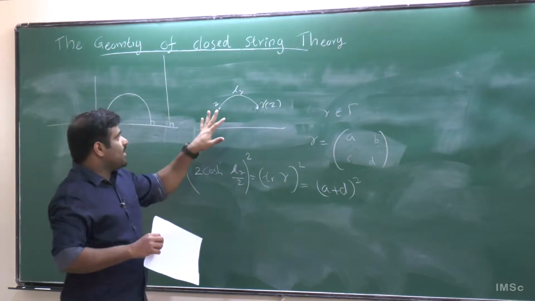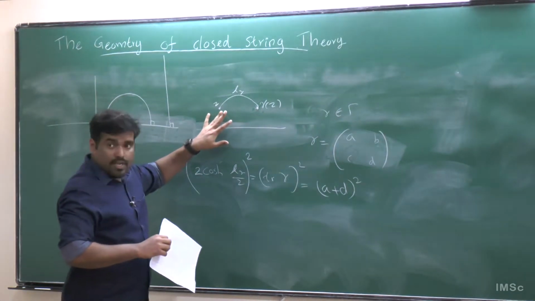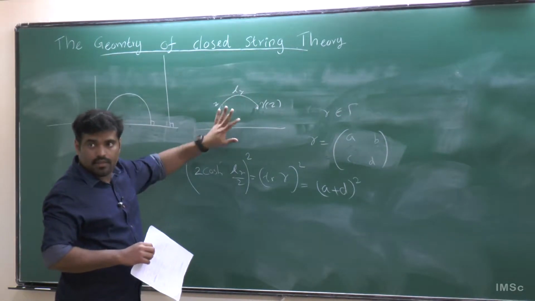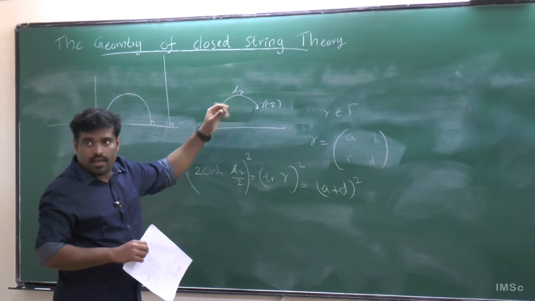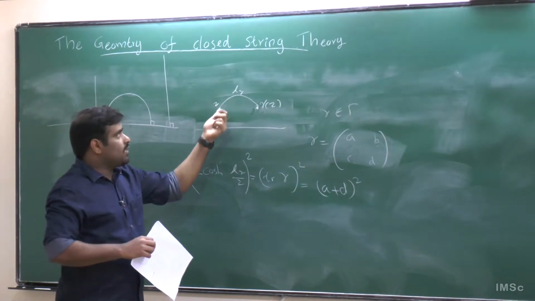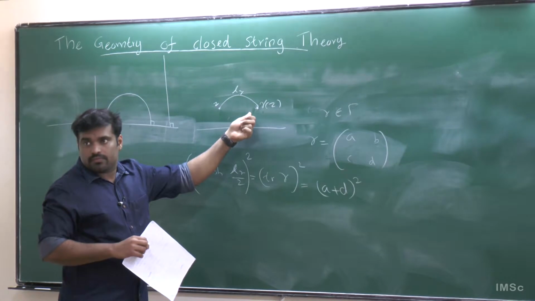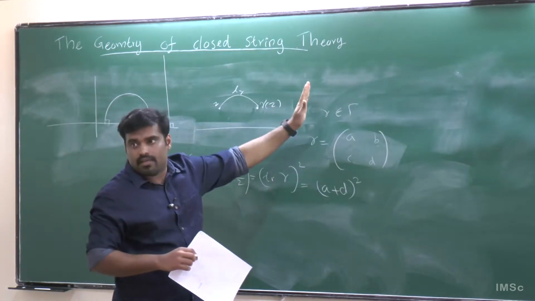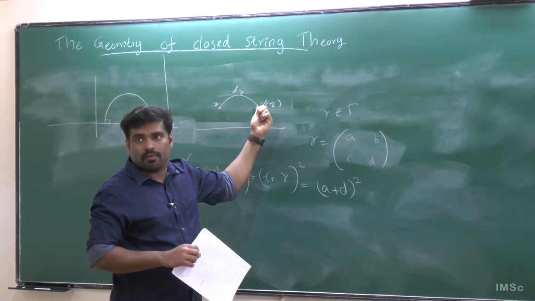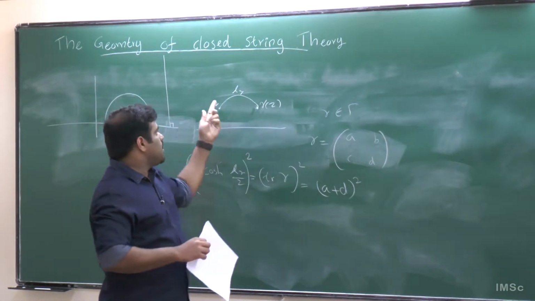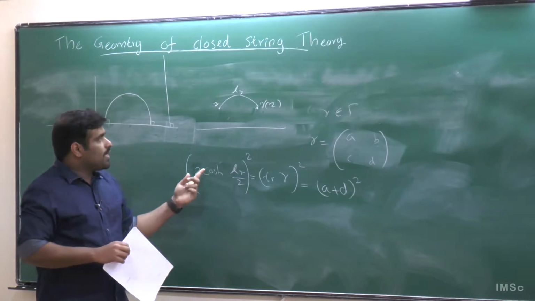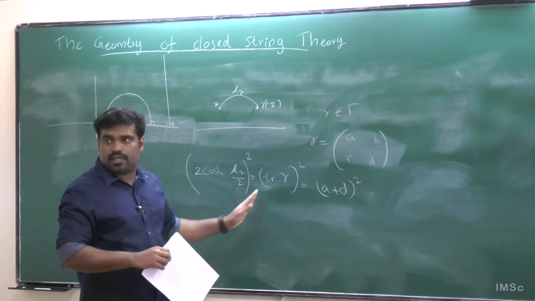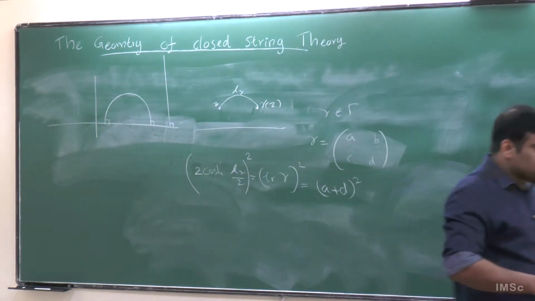So you should understand that you take an arbitrary point C and then transform it to gamma C, then compute the length, it's some length L, and then minimize that length with respect to C. So you will find a particular point on the upper half plane for which L is small, minimum. And that minimum length can be related to the trace of gamma. So this is a relation.